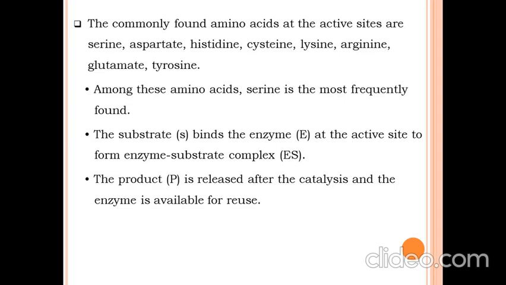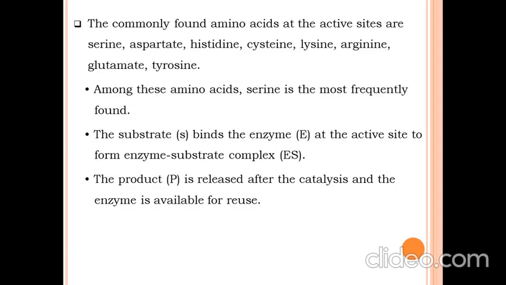Next, the substrate binds to the enzyme at active site to form enzyme substrate complex. जब भी कैटालिसिस होता है तो सबसे पहले सबस्ट्रेट एंजाइम की एक्टिव साइट से बाइंड करेगा एंड एंजाइम सबस्ट्रेट कॉम्प्लेक्स फॉर्म होगा. Next, the product is released after the catalysis and the enzyme is available for reuse.